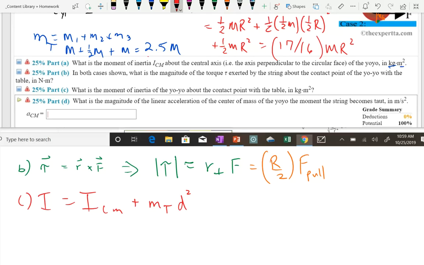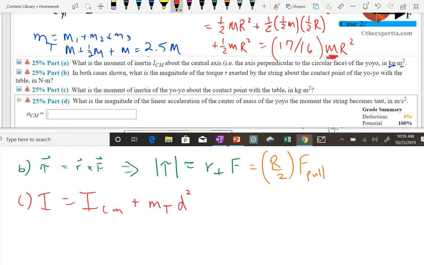Yes? When I did mine, the center transfer mass, I only used the mass M given, not the additive masses. Correct. This is capital M here. Right, which is why I think people are using their additive mass. Are you using the total mass instead of the capital M? Are we not supposed to use M plus half M plus M equals 2.5?